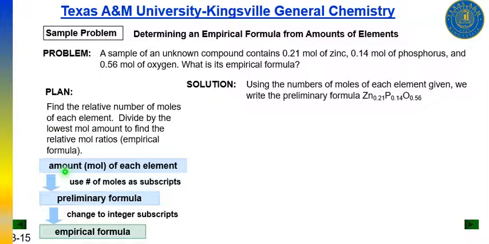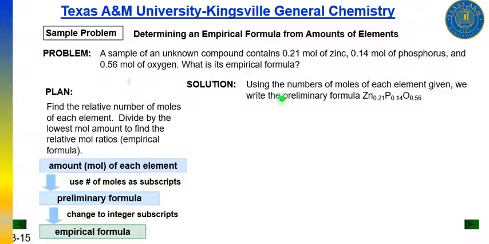Step 1, you use the moles of different elements as the subscripts to determine a preliminary formula. And then you convert this preliminary formula to your empirical formula by converting these numbers 0.21, 0.14, 0.56 into whole numbers.